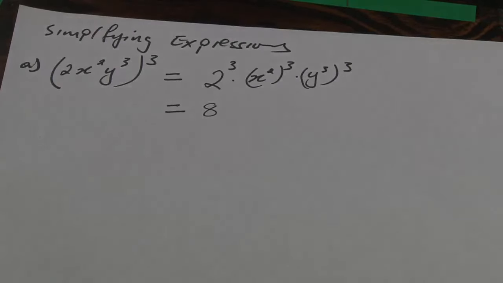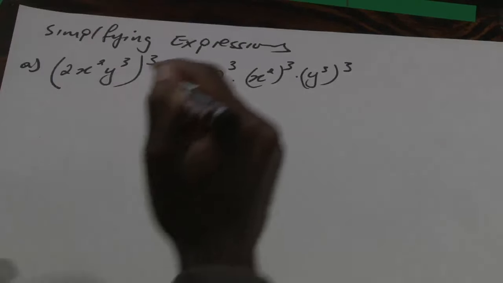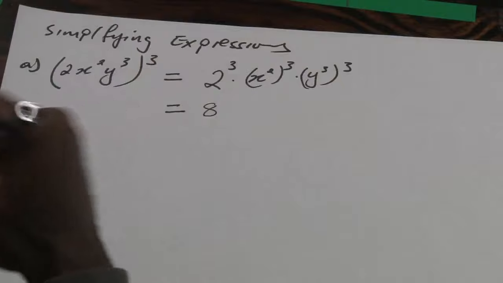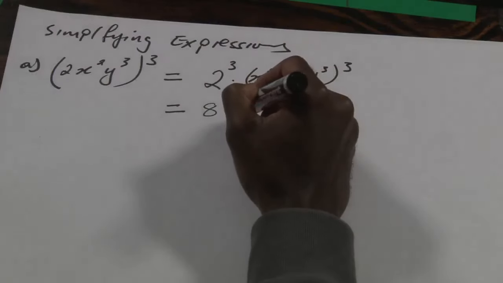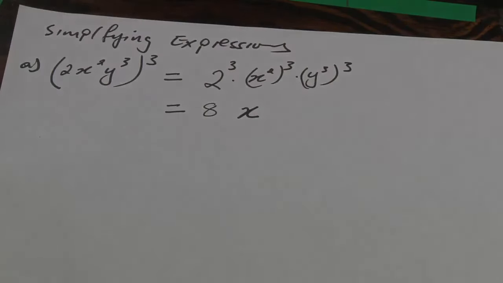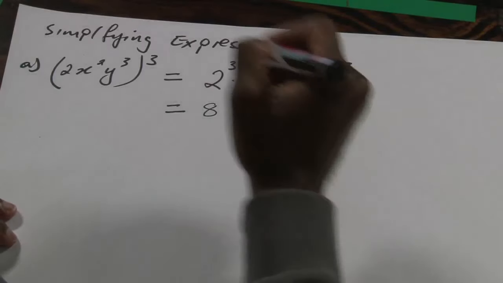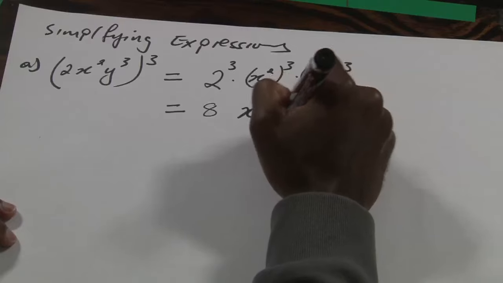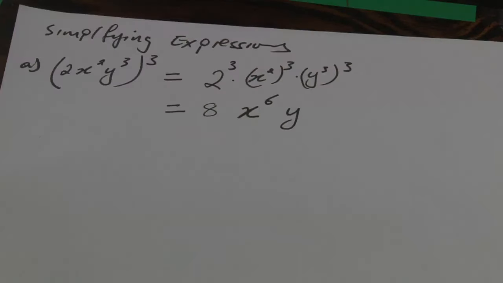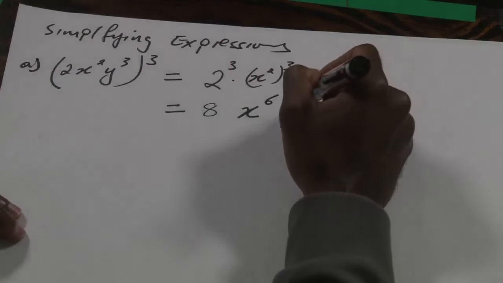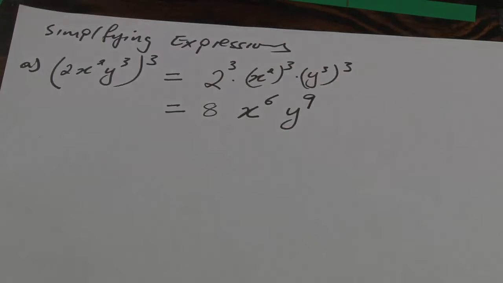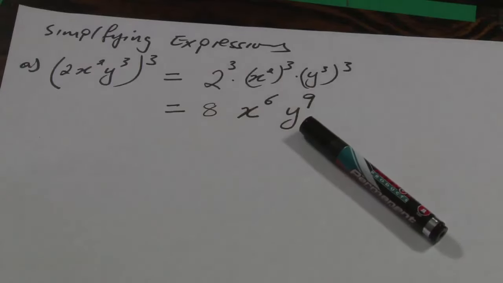And the second one is applying our third law of exponents, which is in C. We have x to the power of 2 multiplied by 3, which gives us 6, multiplied by y to the power of 3 multiplied by 3, and that gives us 9. Now, that is as simple as our expression can be, and we are done with the first one.